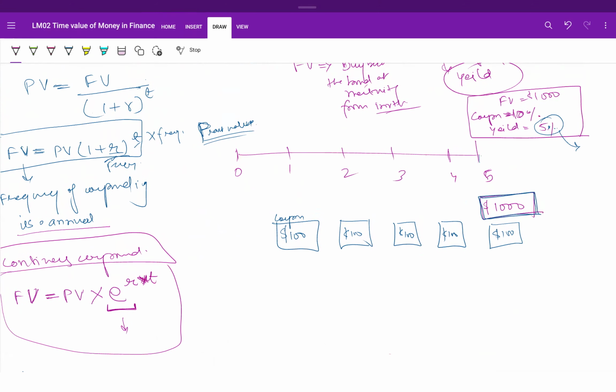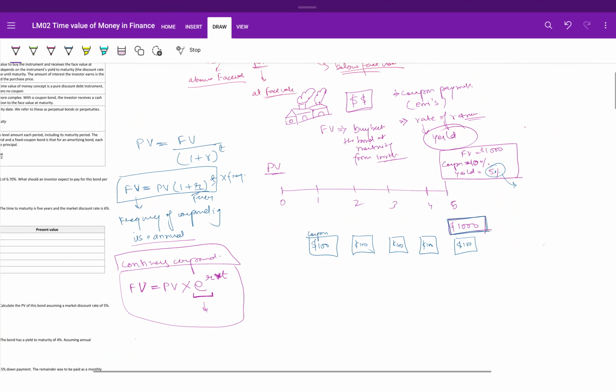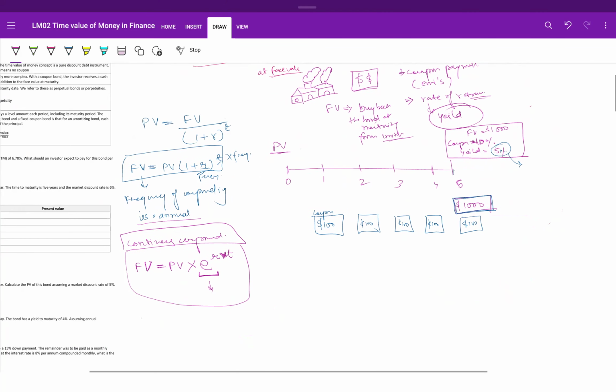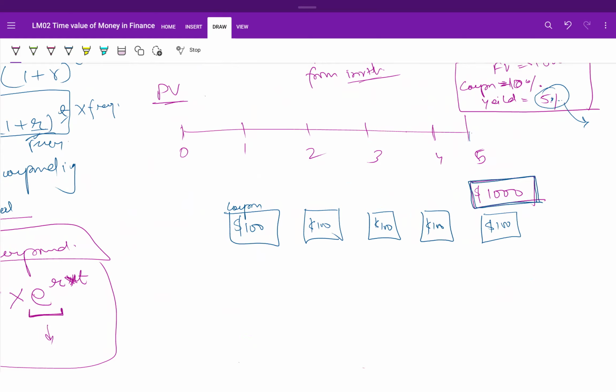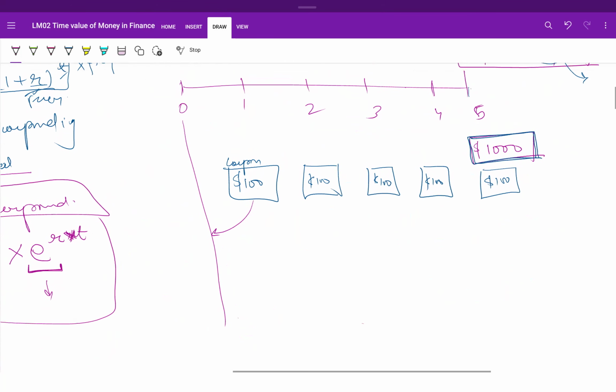How do we calculate the present value here? Now, the expected future cash flow. Understand cash flow. What we are going to do is discount this $100 coupon to the present value for 1 year.